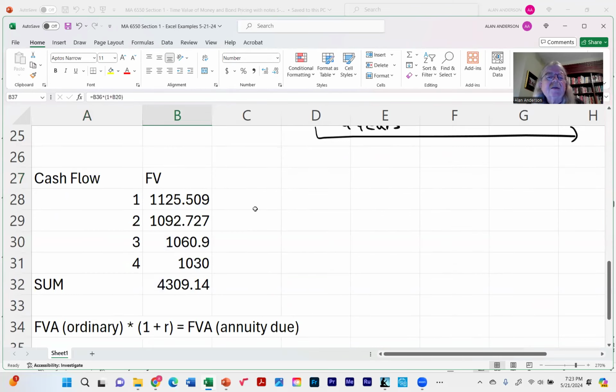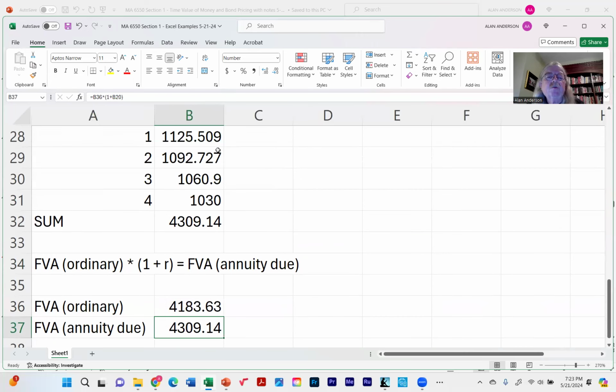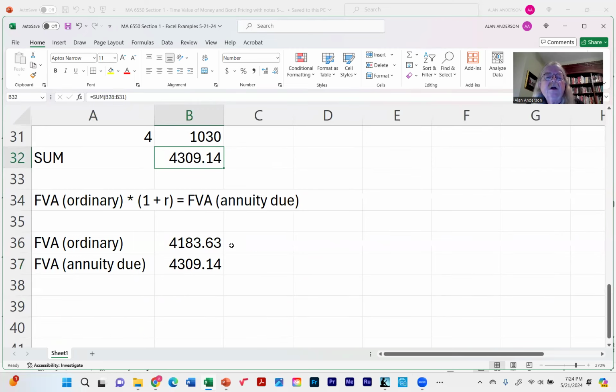Beautiful. Except, yeah, no, that's right. 4309.14. So either way, either just recalculating each of these with 1 extra year and adding them up, or multiplying the results from the ordinary annuity by 1 plus R, either way, you'll get the correct value for your annuity due.